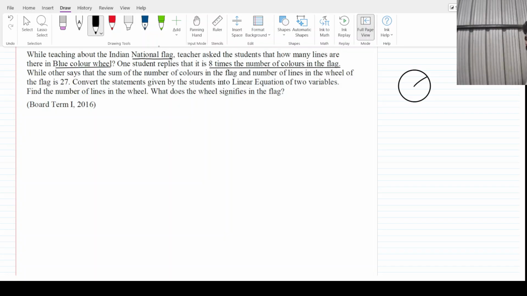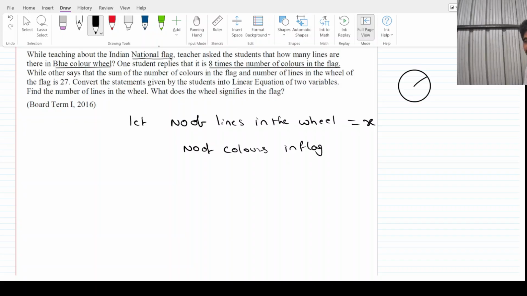So first of all, let the number of lines in the wheel be x, and the number of colors in the flag be y.